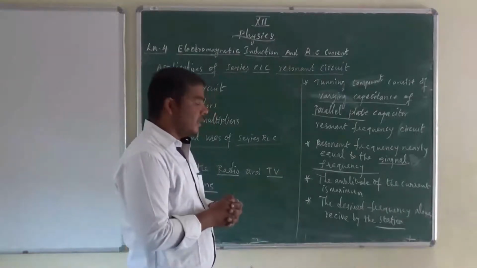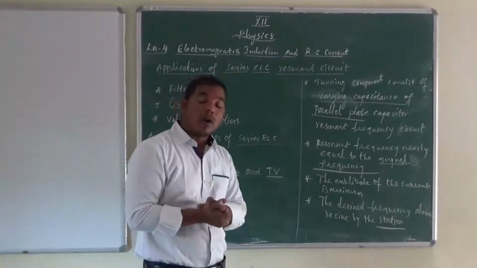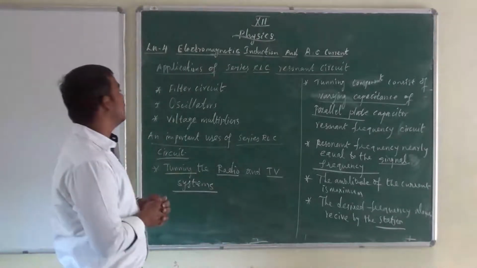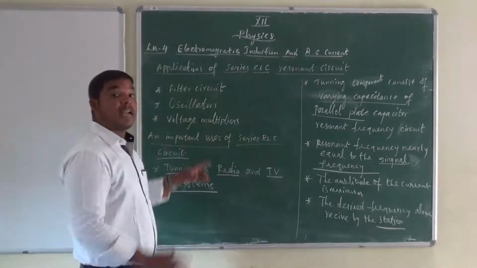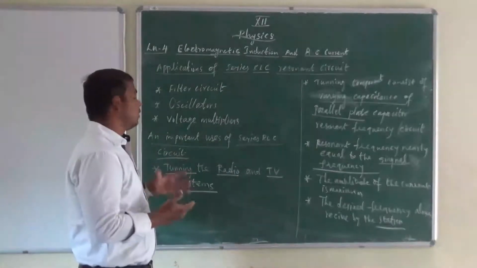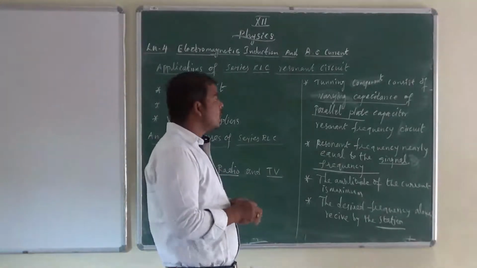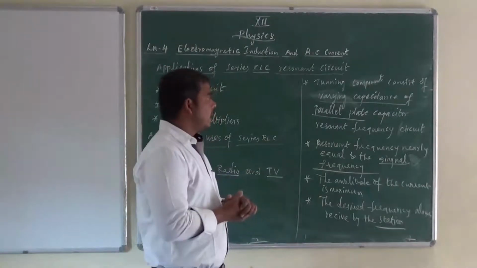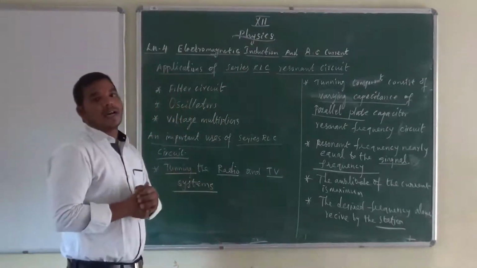The desired frequency, which we decide, alone is received by the station. The applications of the RLC resonance circuit are filter circuits, oscillators and voltage multipliers. The important use is tuning the radio and TV system, using the variable capacitance of a parallel plate capacitor as the component to tune it.